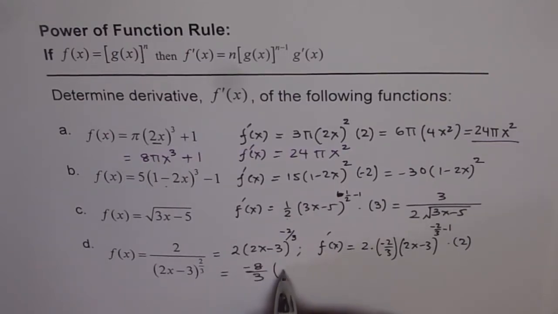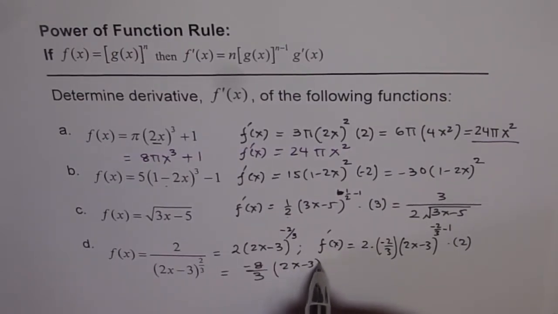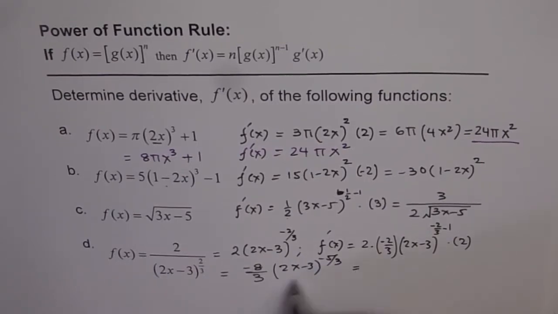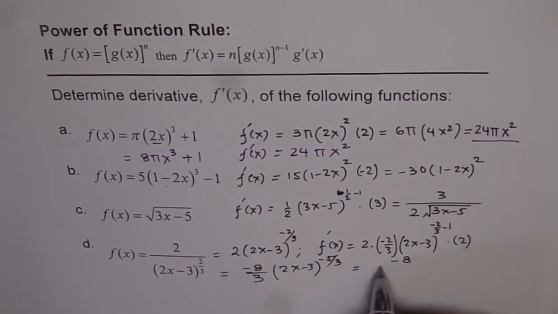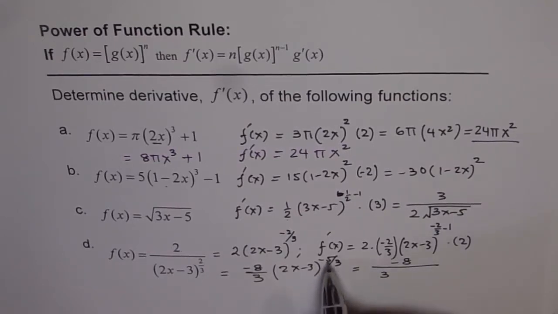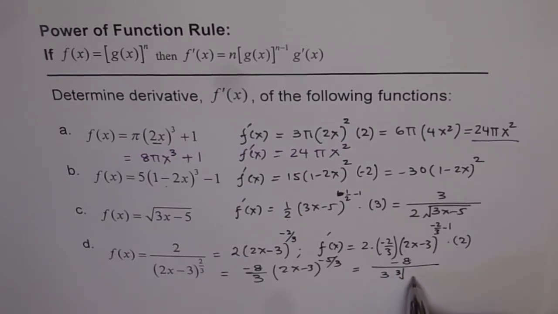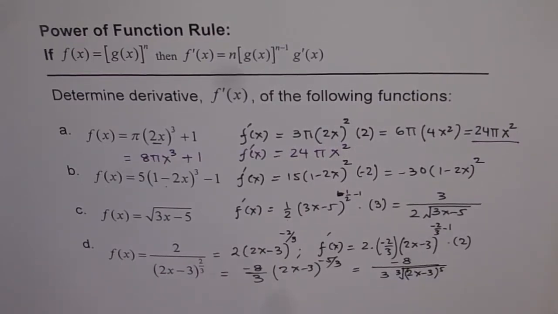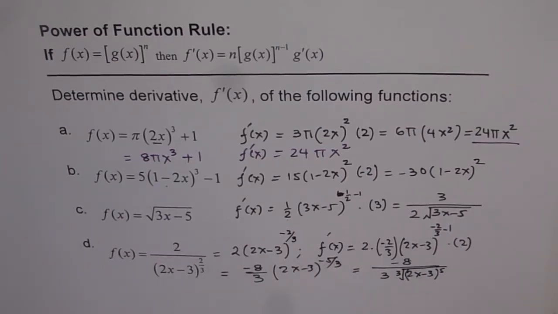So let me write it like this, 2x minus 3 to the power of minus 5 over 3, and then I can always write this as minus 8 over 3 times, now this comes in the denominator, the cube root of 2x minus 3 to the power of 5, correct? Or you could have written it as the power of 5 over 3 as given in the question.